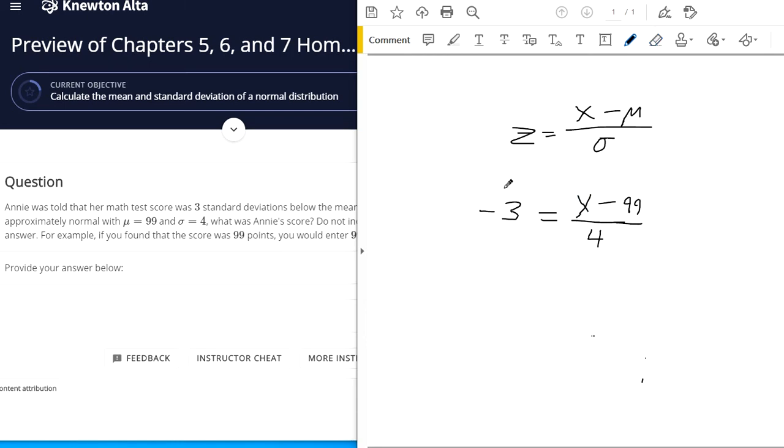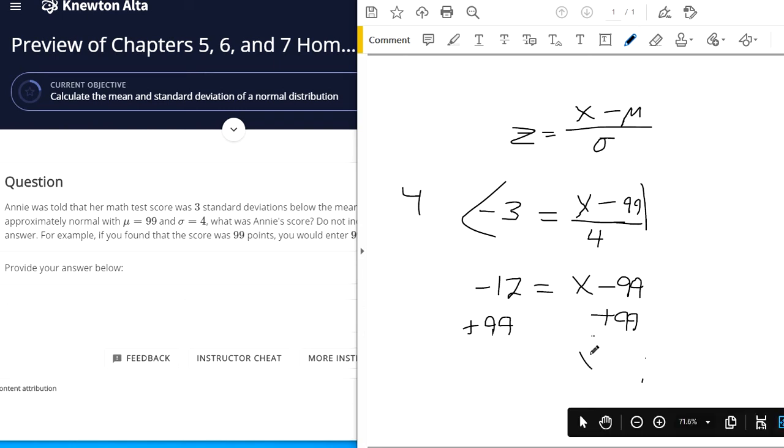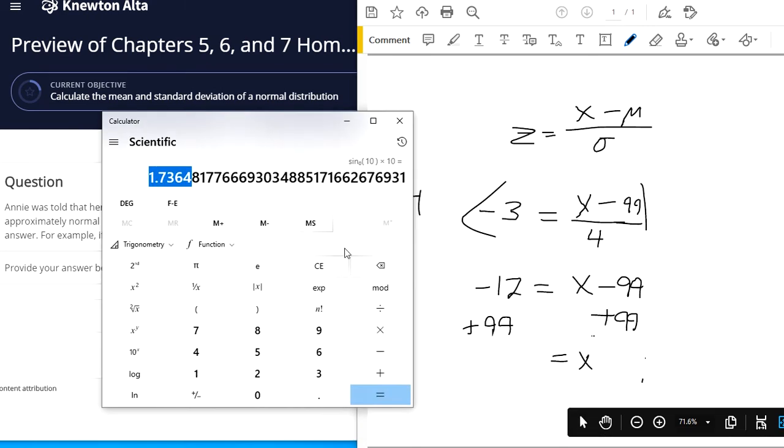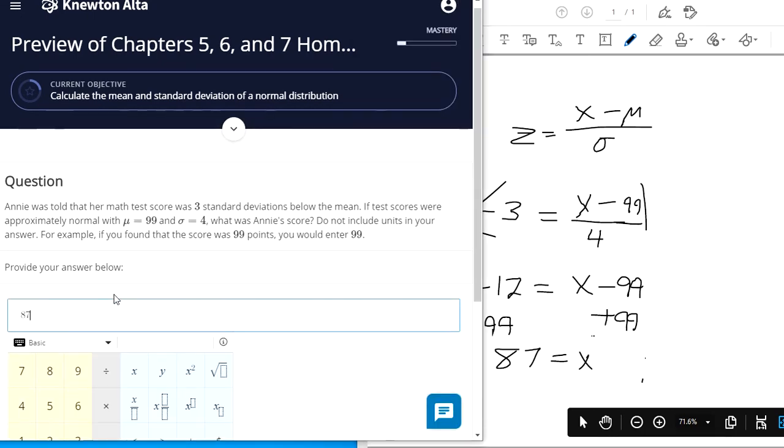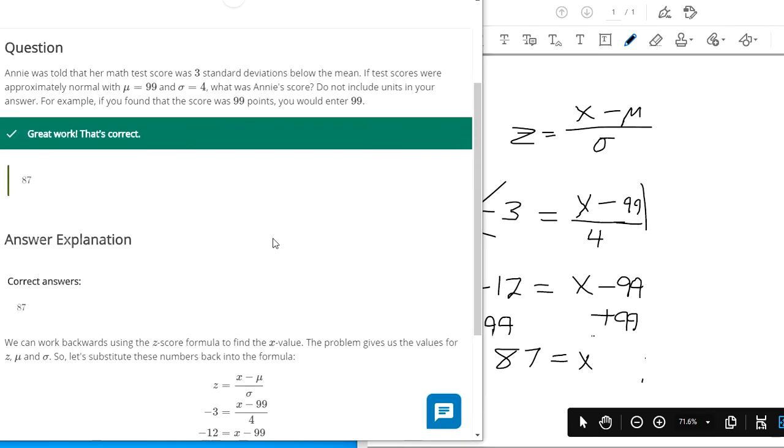So we've got to multiply both sides by 4. That gets rid of the 4 on the right side. And then we got to add 99 to both sides. In case you need help with the negative and positive numbers, that's like saying 99 subtracted by 12 makes 87. Don't be afraid to let me know if you still have questions on this topic though.